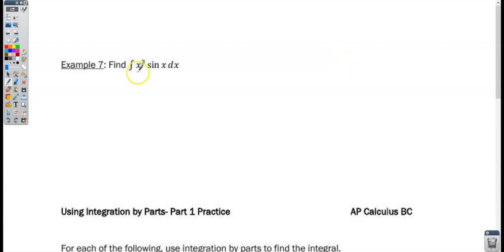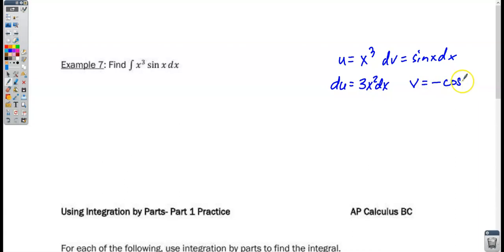Again, polynomial times trig function. Polynomial is our u, and dv is going to be sine of x dx. And so then du is 3x squared dx, and v is equal to the opposite of the cosine of x.